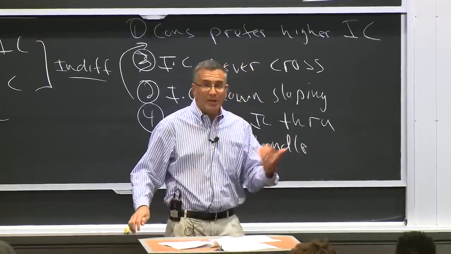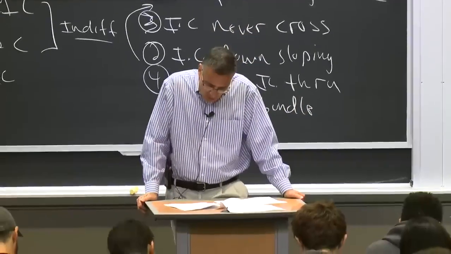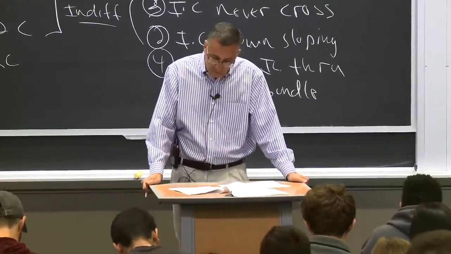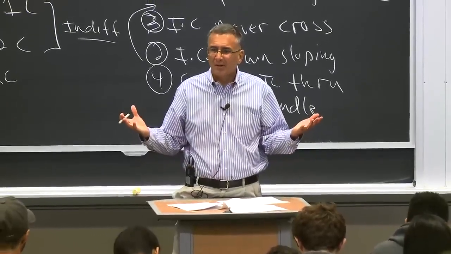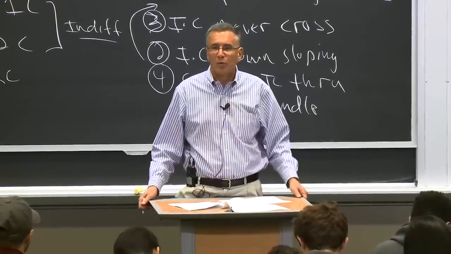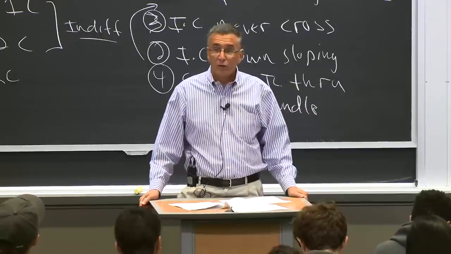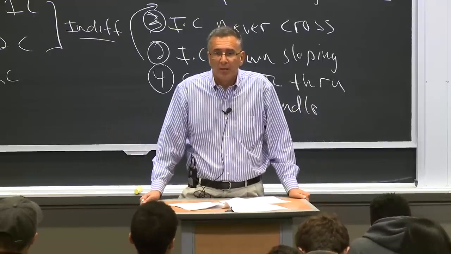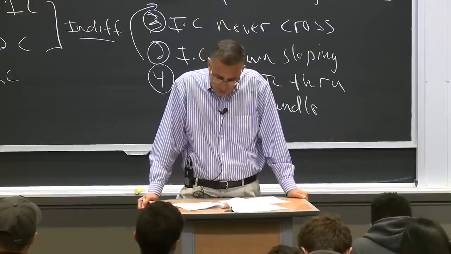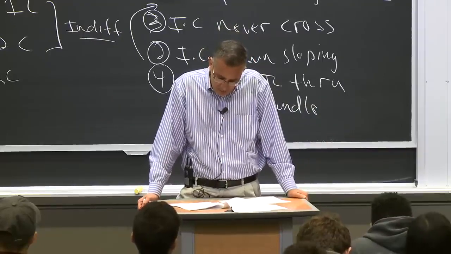You can't have two indifference curves going through the same bundle. That's because of completeness. If you had two indifference curves going through the same bundle, you wouldn't know how you felt. You may feel indifferent, but you know how you feel. You can't say, I don't know. So that's an extra assumption that completes the link to the properties.